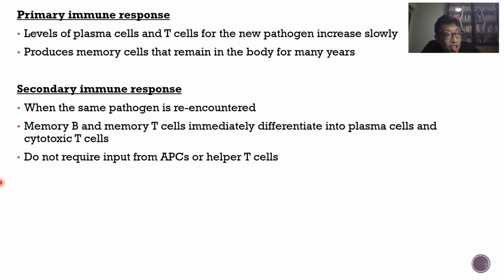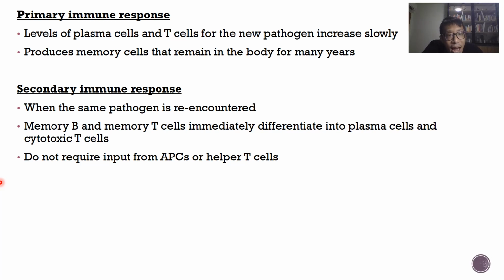And when the pathogen with the same antigen is encountered again, then the memory cells that were produced in the primary immune response will be able to respond very quickly. They will be able to differentiate into the effector cells.